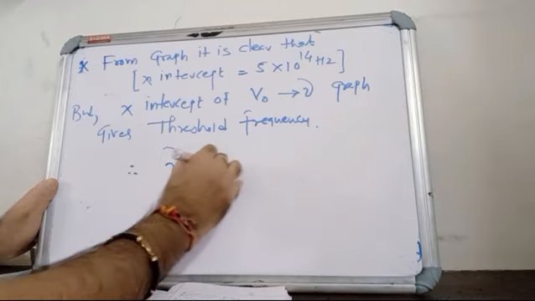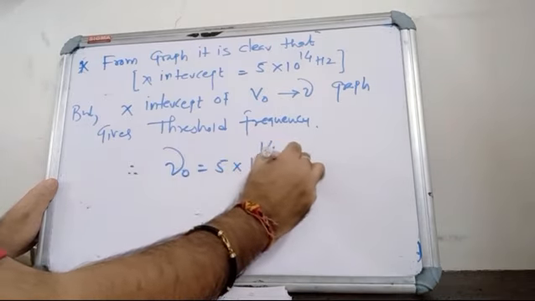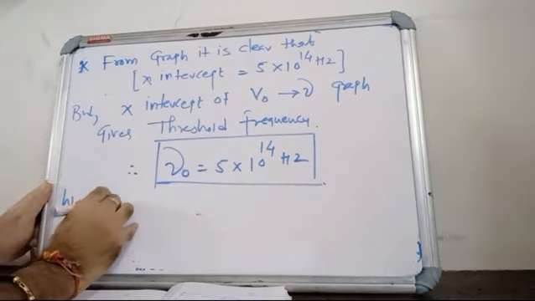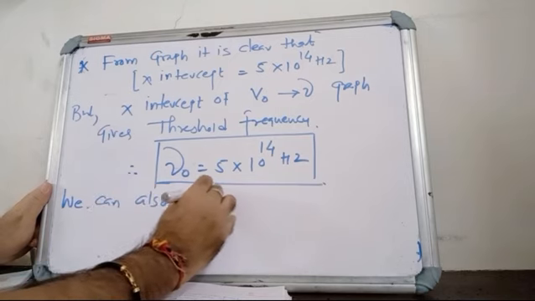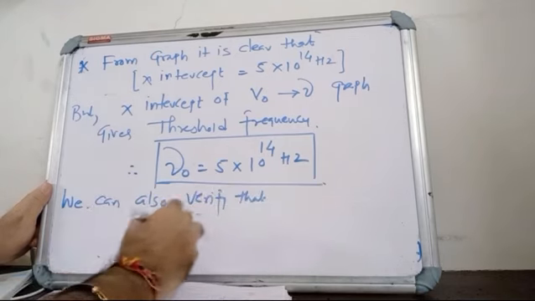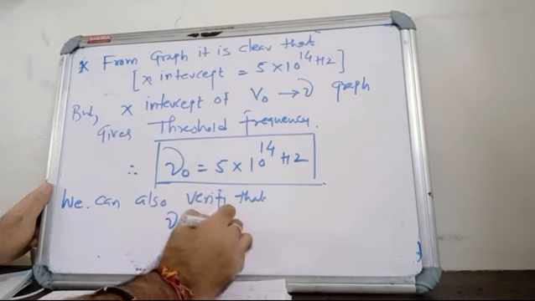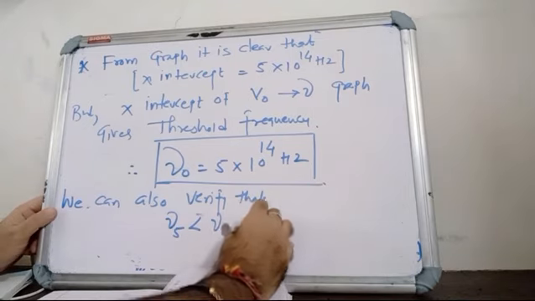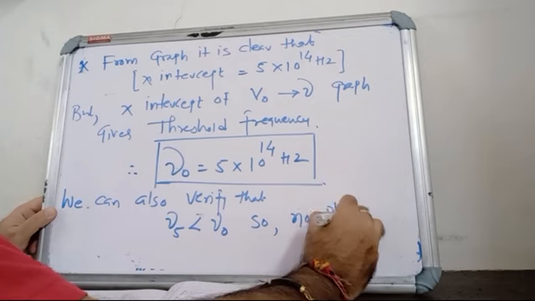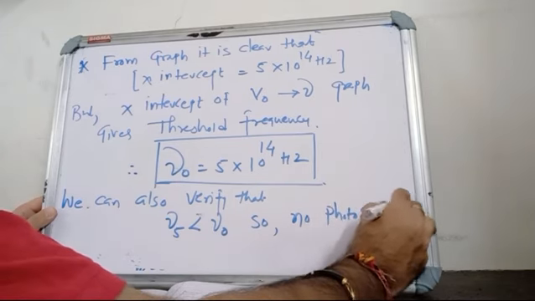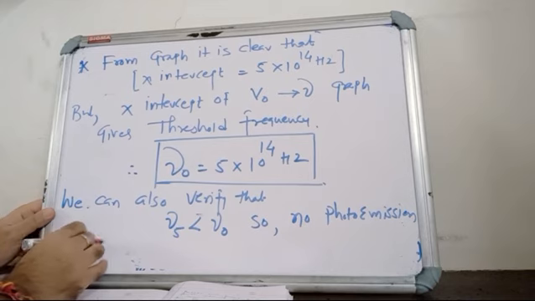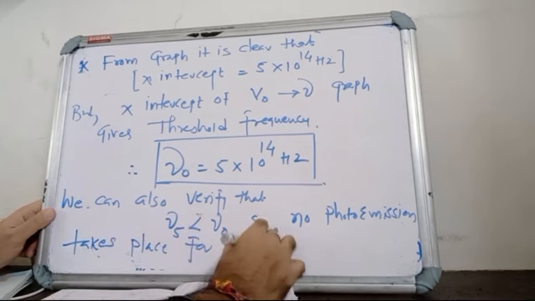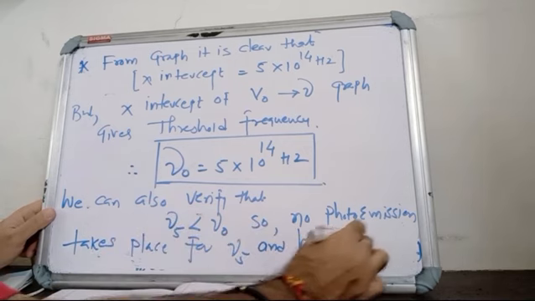Therefore nu 0 is equal to 5 into 10 raised to 14 hertz. We can also verify that nu 5 is less than the cutoff frequency, that is the threshold frequency. So no photo emission takes place for nu 5, the fifth frequency, and hence stopping potential is 0.